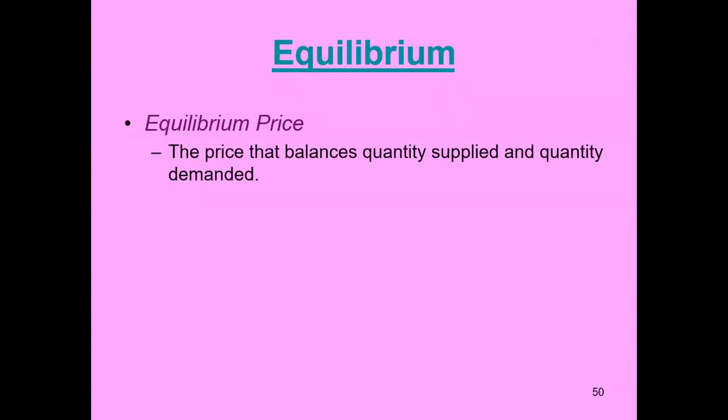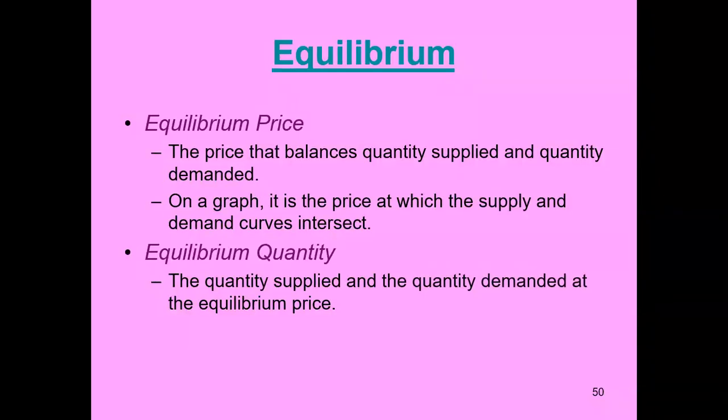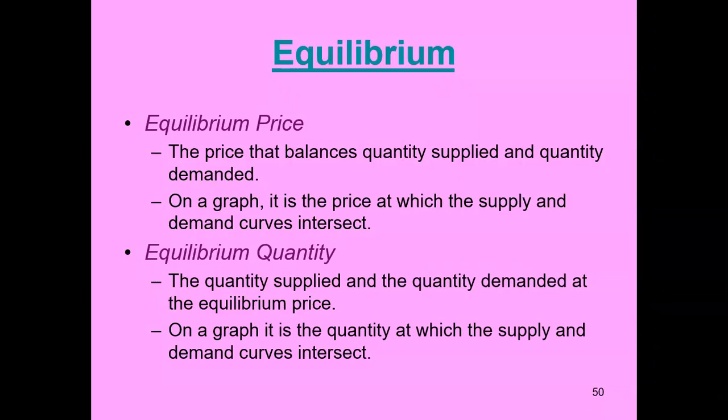Here, equilibrium price means the price that balances quantity supplied and quantity demanded, where they intersect each other, whereas equilibrium quantity is the quantity supplied and demanded at the equilibrium price. In the graph we have shown, it is the quantity at which the supply and demand curves intersect each other.